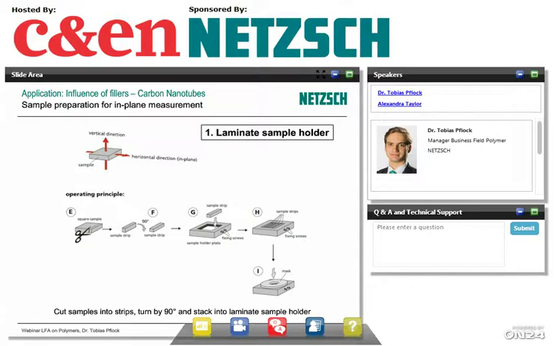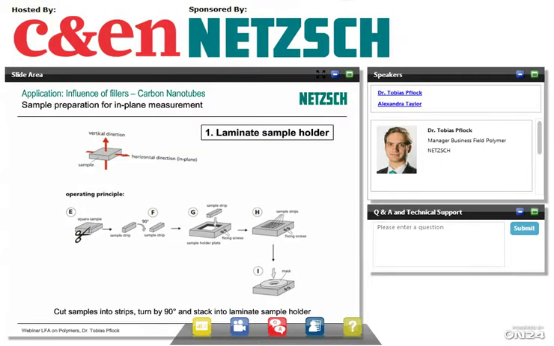We cut our sample as described here from E, F, G to H, and we stack it into our sample holder plate. We fix it and place it in the LFA apparatus. And with that, we can measure the anisotropy of our thermal conductivity.